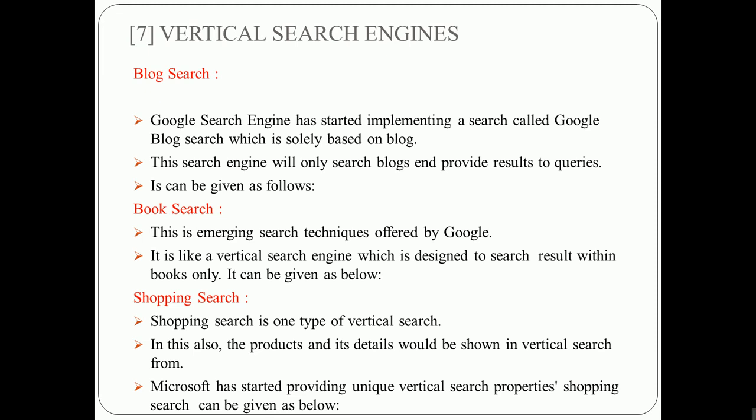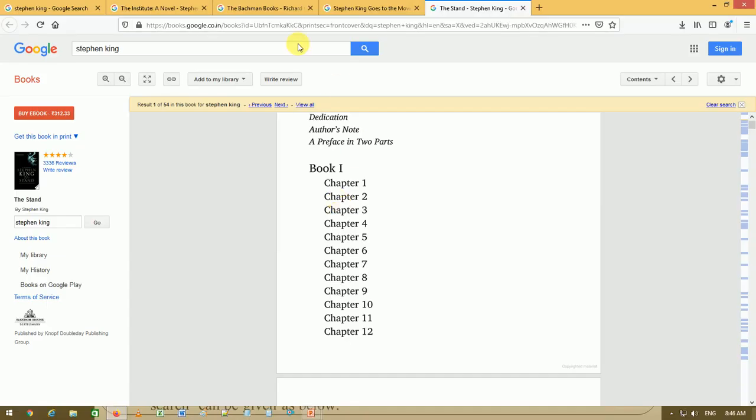When you would like to display a product and any other information, at that time the vertical search will be useful. Microsoft has also started providing unique vertical search properties. Shopping search can be given as below. So Microsoft is also providing this type of facility.